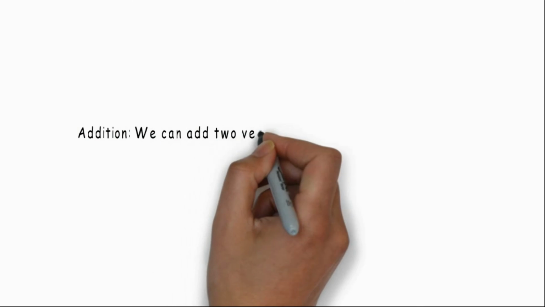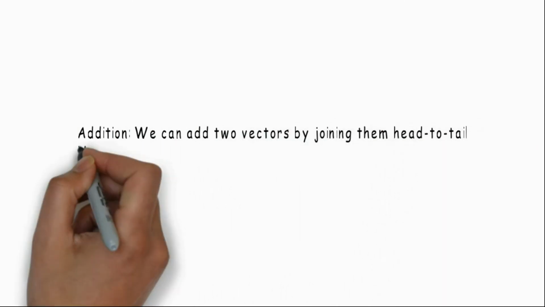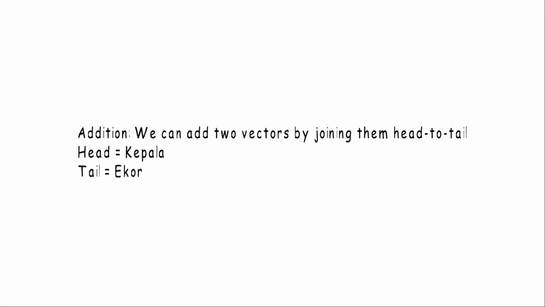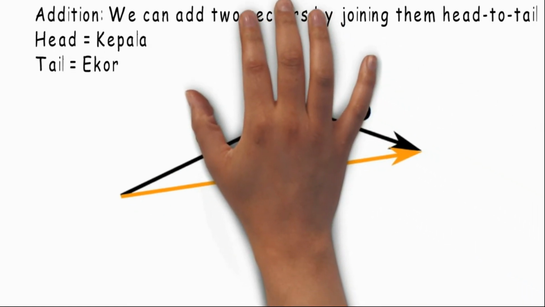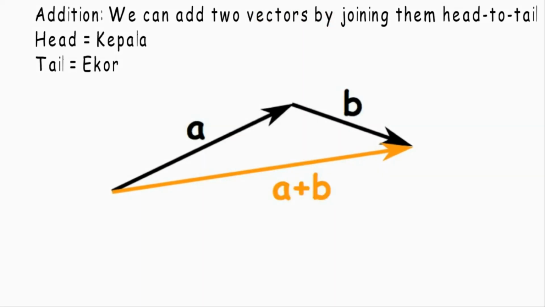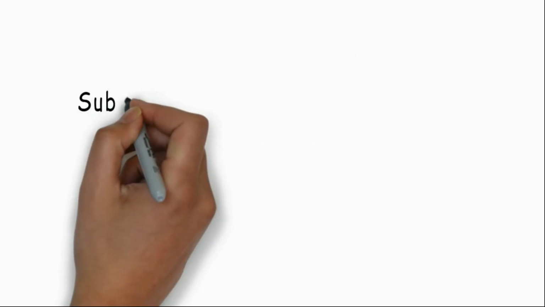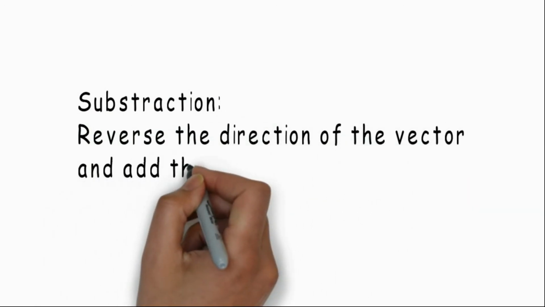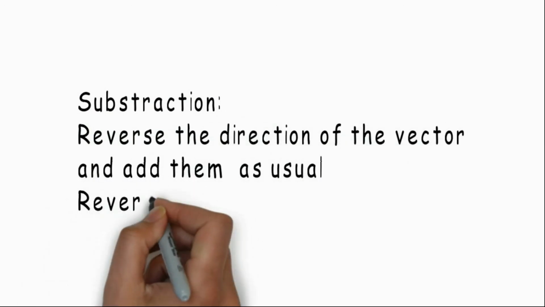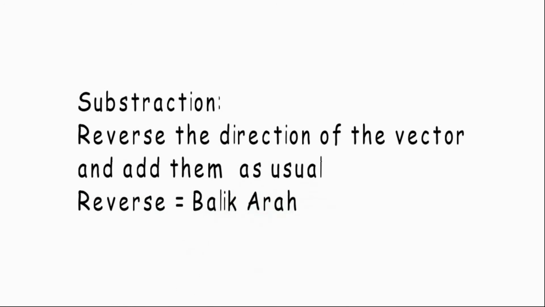We can actually add two vectors by joining them head to tail. Subtraction. We could subtract two vectors by reversing the direction of the vector and then add them as usual.